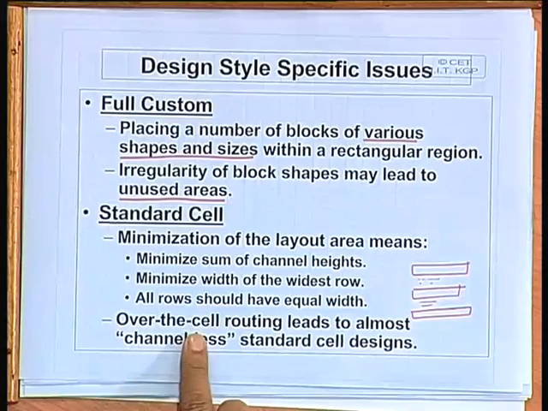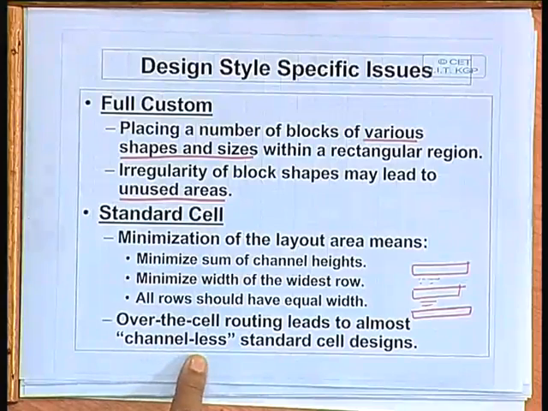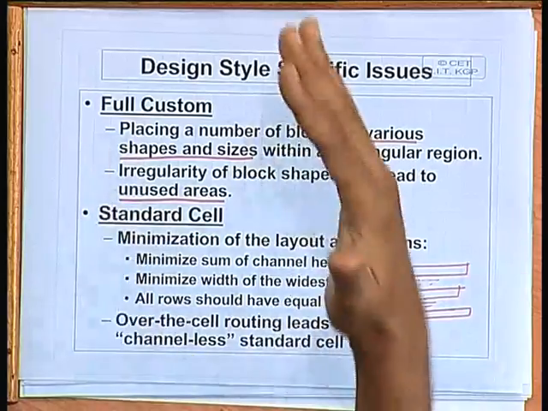So, those layers are used for interconnection rather than the space between two rows. This is called over the cell routing. So, if you can utilize this space right above the cells for routing purposes, then the channel size may become minimal. So, actually you can get some designs which are almost channelless. The cells are very close together and compact, the cell rows. Okay, so, these we will see later, what is over the cell routing.